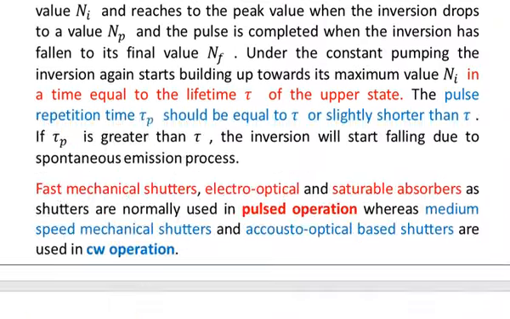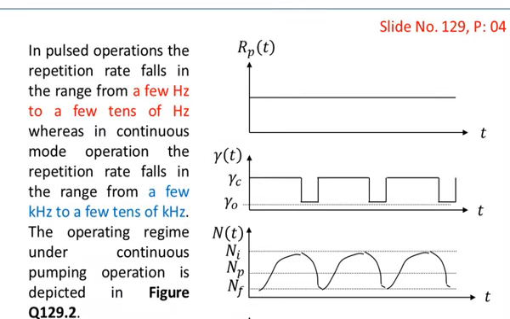So let me explain the behavior of the losses, which is shown over here. The plot of gamma t versus time is shown over here, and you see that I have shown two values of the losses: one is gamma C, the other is gamma naught. Gamma C is the loss of the cavity when the switch is closed. But when the switch is opened, the loss falls to the value gamma naught.